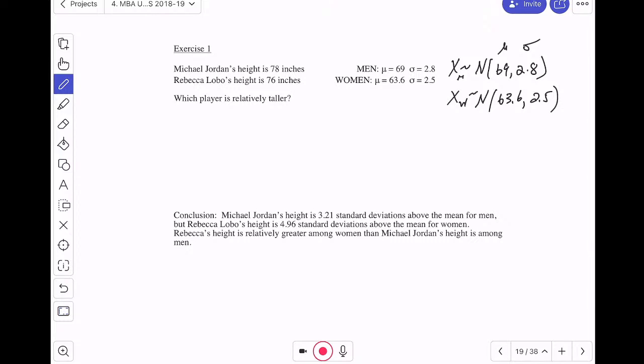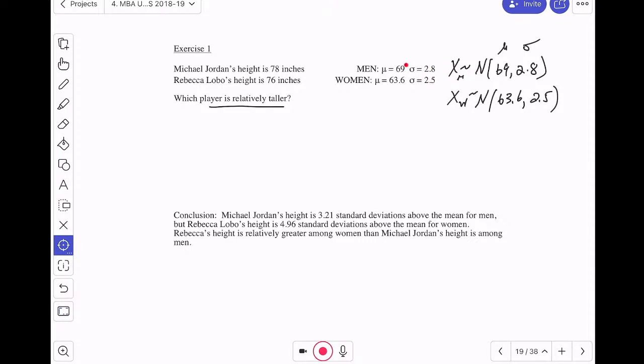So now, how do I compare these? What I'm going to do to see which one is taller relative to their group is convert each value into a measure that's relative to the expected value.